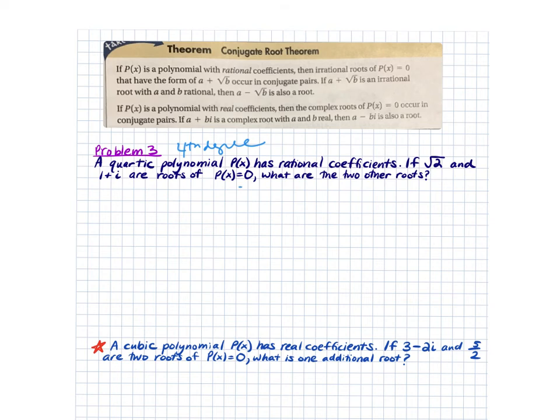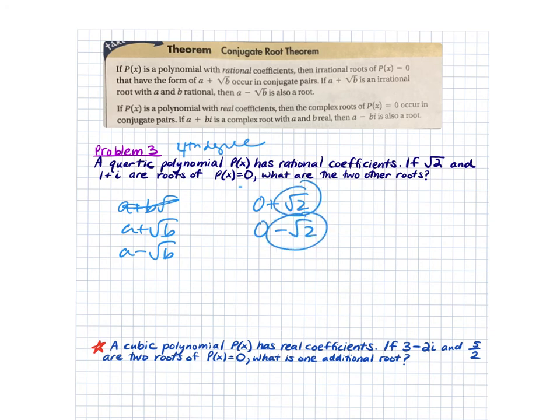Well, we have a plus root b, that means a minus root b is a root. So if we have 0 plus root 2, then we also have 0 minus root 2. So then this is a root, then this is a root, and then 1 plus i means also 1 minus i. So those are our 4 roots for our quartic polynomial.